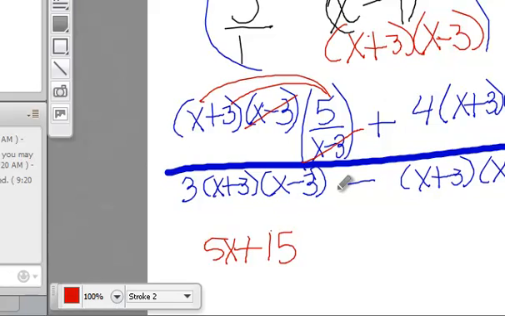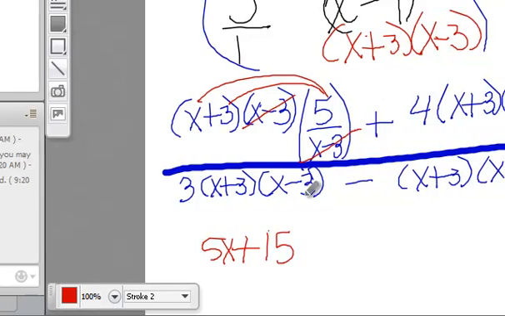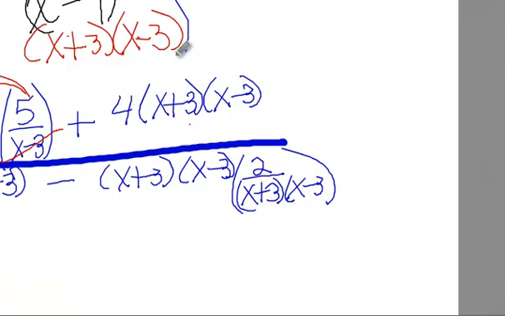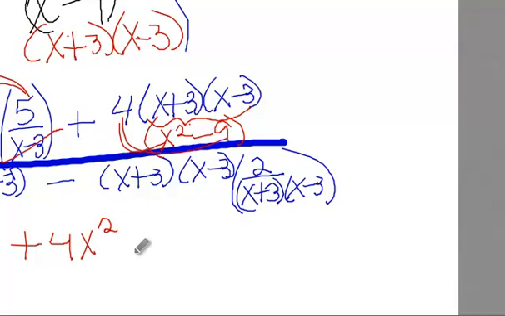And that takes us as far as we can go for that. And then over here, if we multiply this back out, notice that we're going to get an x squared minus 9, and then distribute 4 across. And that gives us 4x squared minus 36.